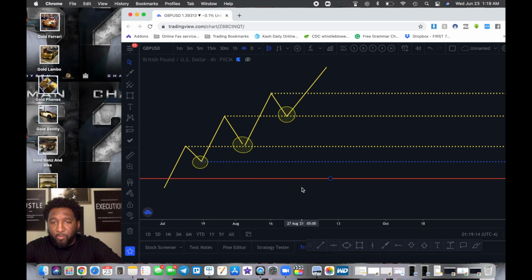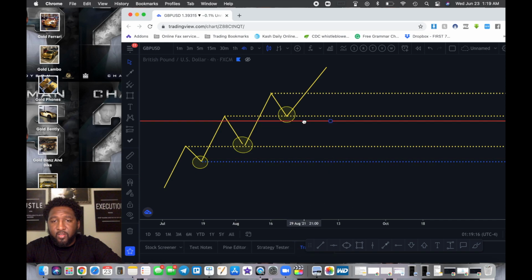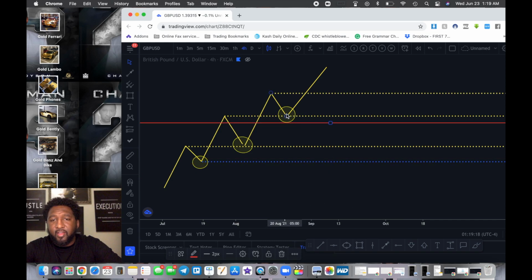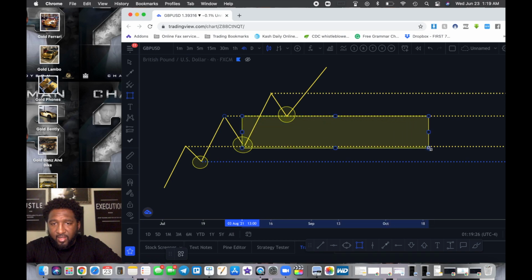But once again, what most people do, they put their stop loss here, try to catch the trade up, not understanding that this whole area is the buy zone. So this whole area is the buy zone, right? You can buy from here all the way back down here.